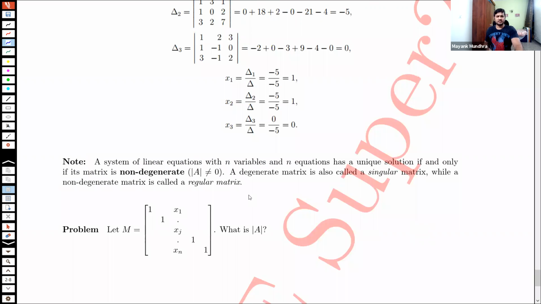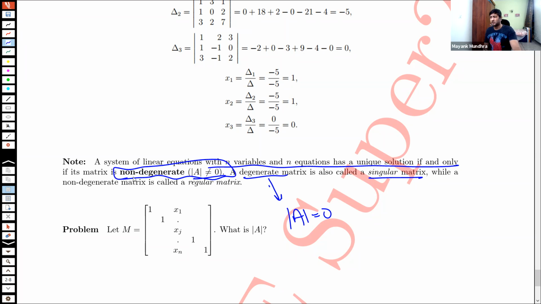All right. A system of linear equations with n variables and n equations has a unique solution if and only if its matrix is non-degenerate. Non-degenerate means determinant A is non-zero, and degenerate means determinant A is 0. This is a terminology which I am especially highlighting.